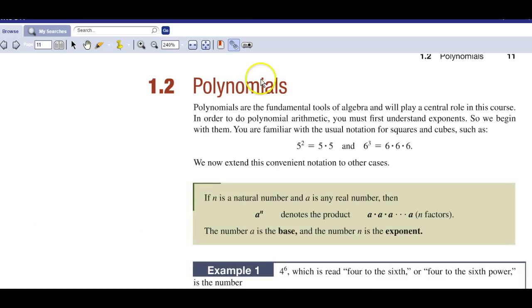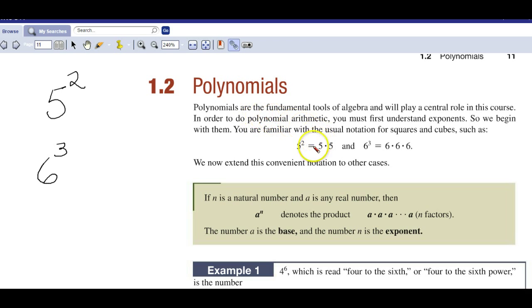We're going on now to characteristics of polynomials in topic 1.2. So let's look first at 5 to the second power, and then later 6 to the third power.